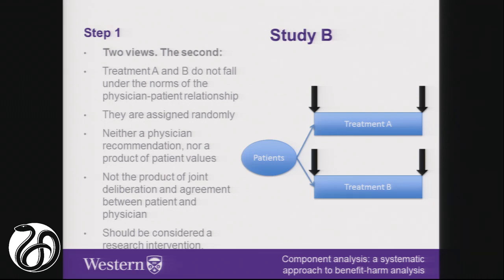In other words, it's not the product of joint deliberation and agreement between patient and physician, and therefore these treatments ought to be considered research interventions. Okay? So those are the two views, and I'm hoping what will happen in our discussion with this panel is that people will argue for which of those views they think is right.